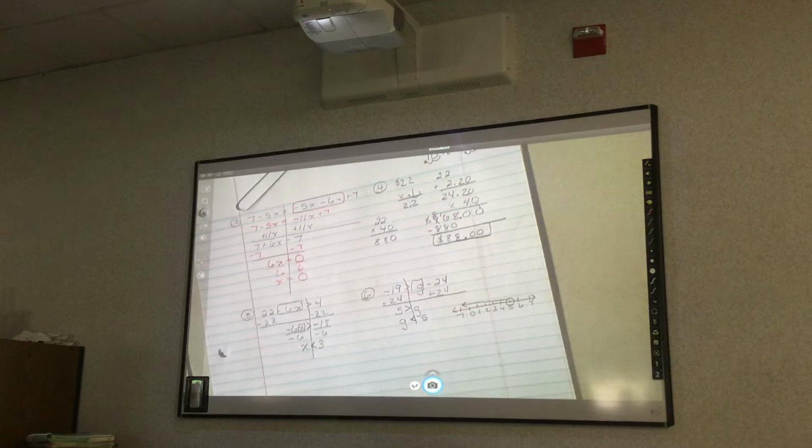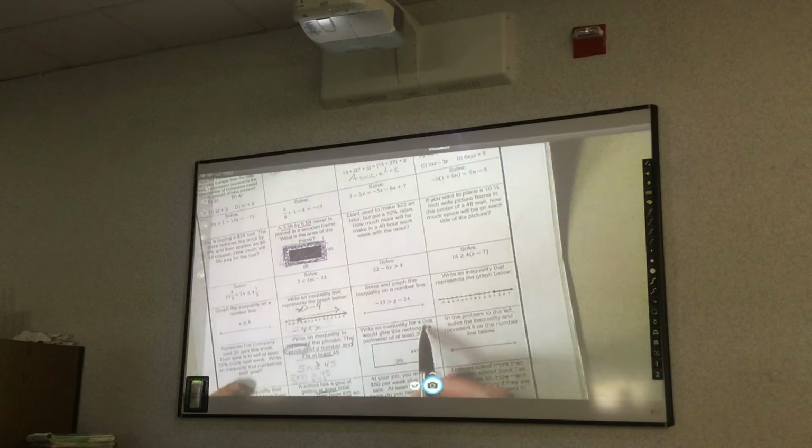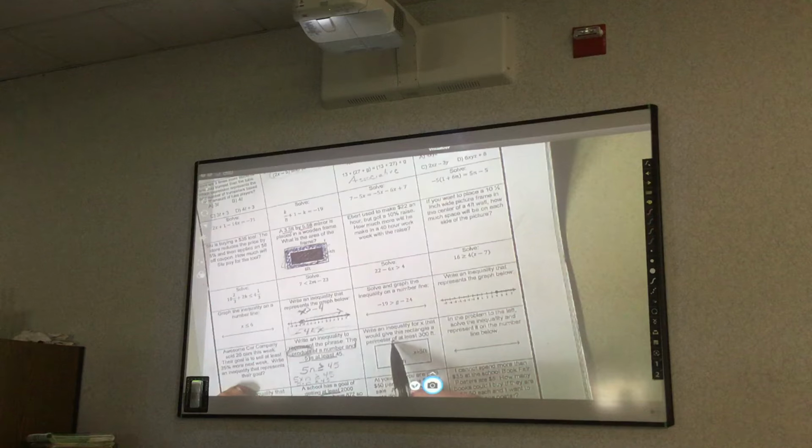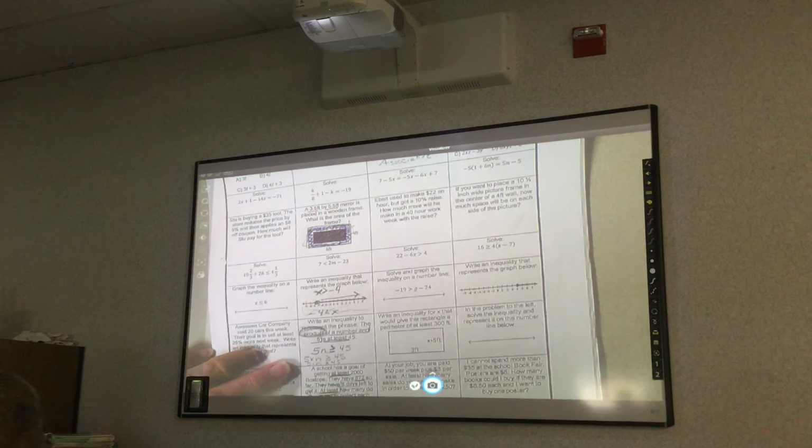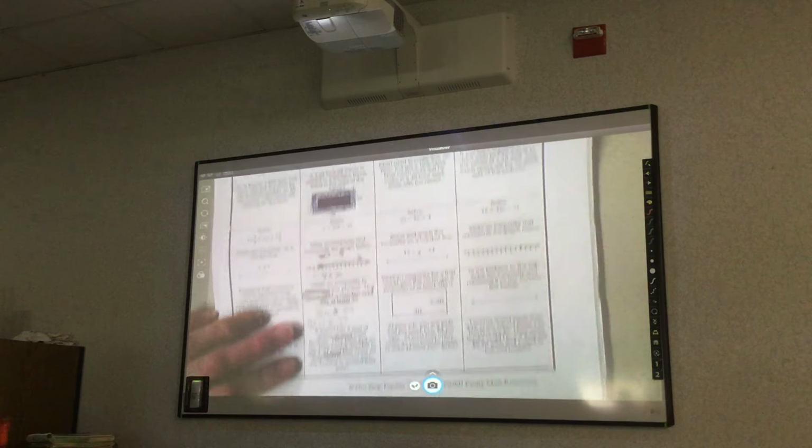7. Write an inequality for x that would give this rectangle a perimeter of at least 300 feet. So how do you find the perimeter? Add up all the sides, right? So I'm gonna first say that the perimeter, oh, you guys can't see that.